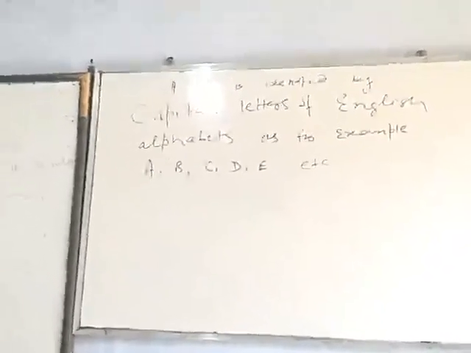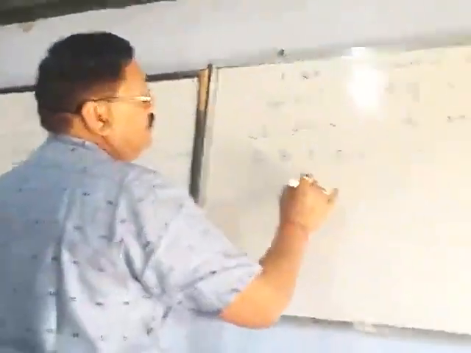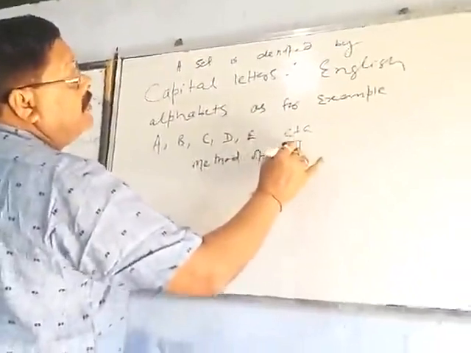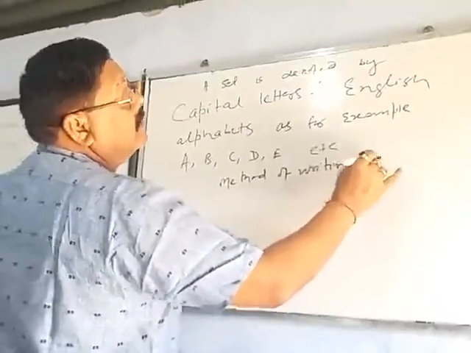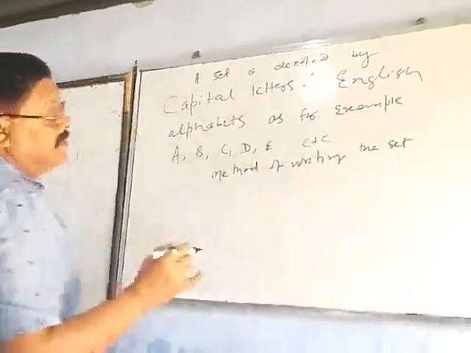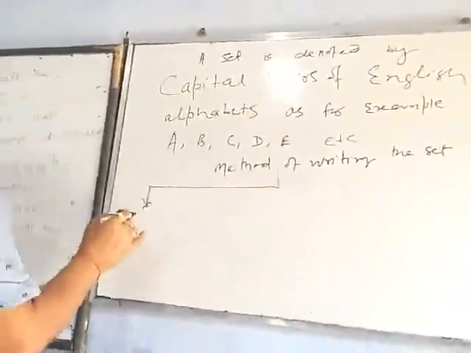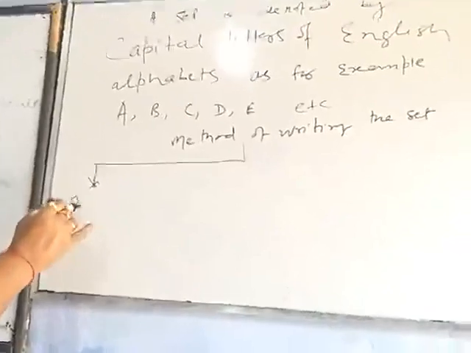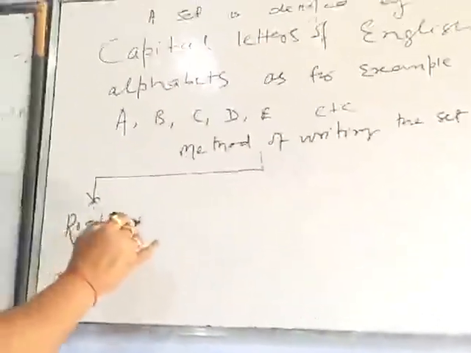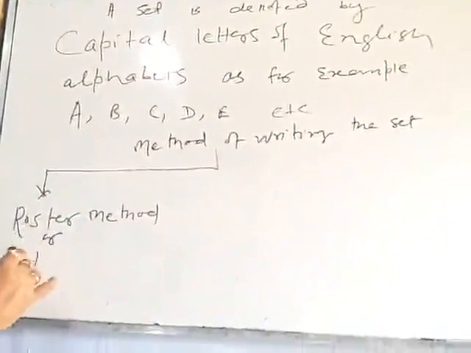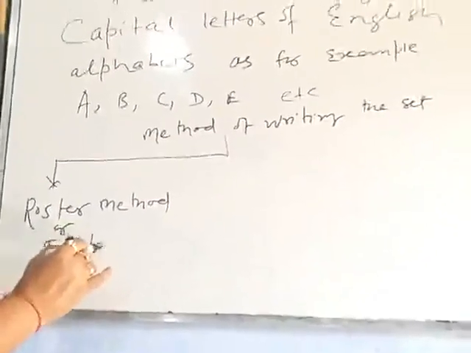Now, methods of writing the set. First is the roster method or tabular form.